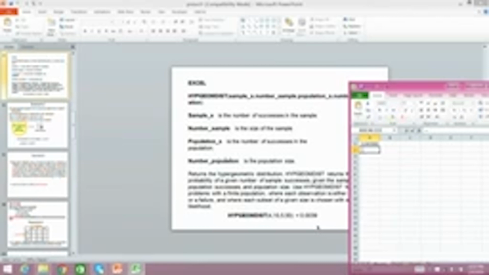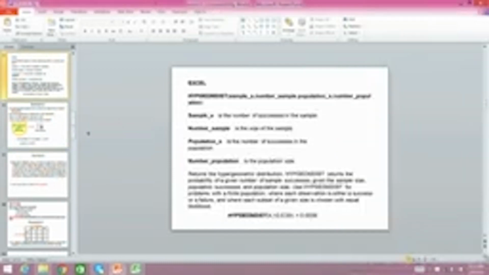So, if all 5 need to be black or mutant, same thing we can do with HYPGEOM.DIST, 5 out of 10, 5 out of 50, right, 0.30119.